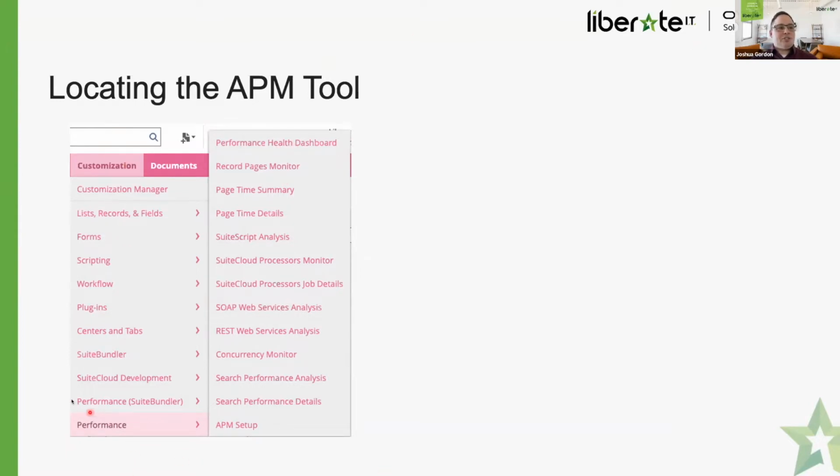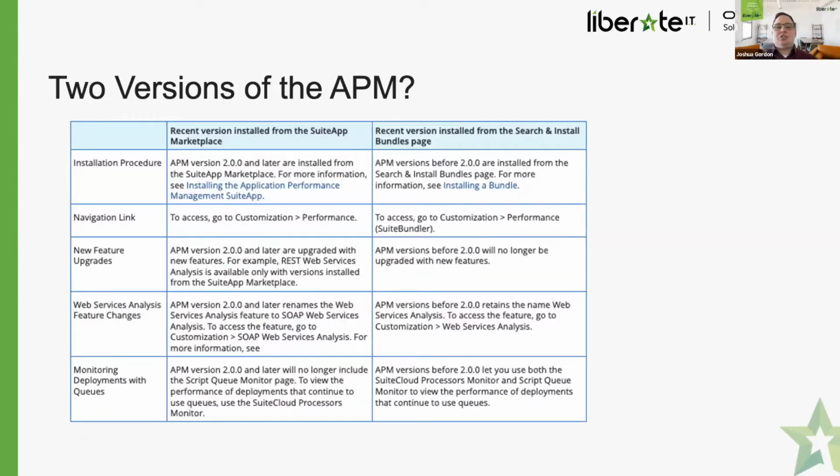What you'll also see here is this Performance Suite Bundler. So this is the old version that I was just mentioning. What we're going to want to do is uninstall that. But for those that are interested in what the difference is, we've got this lovely table from NetSuite themselves. The short answer is not a whole lot.